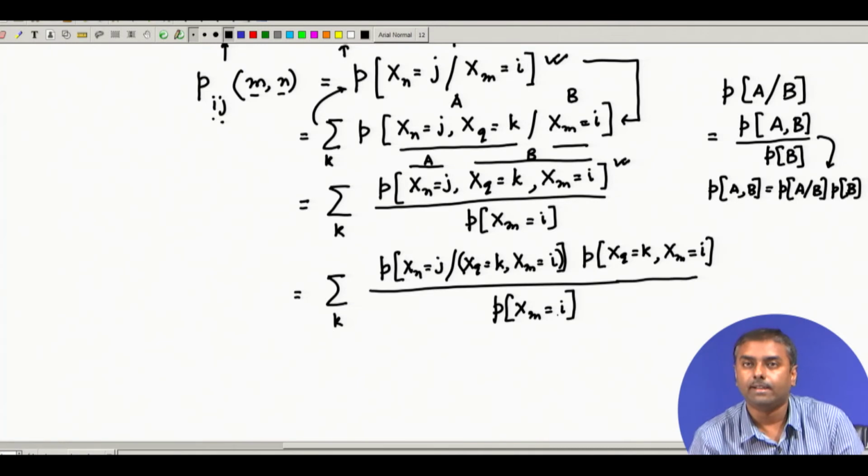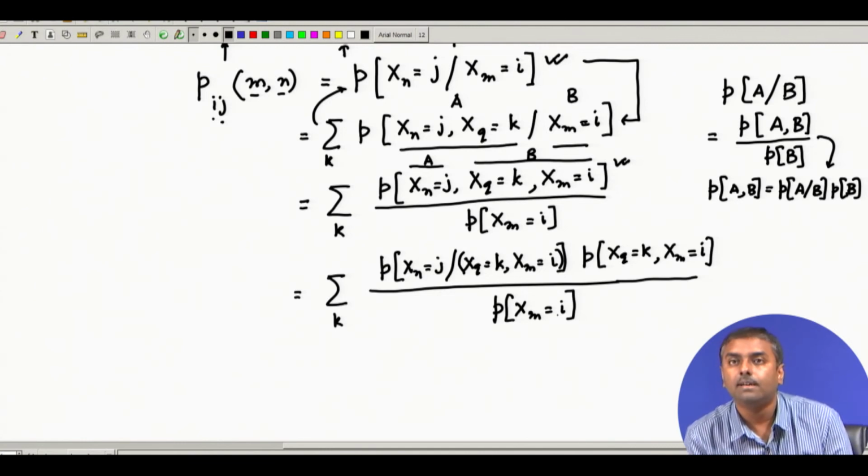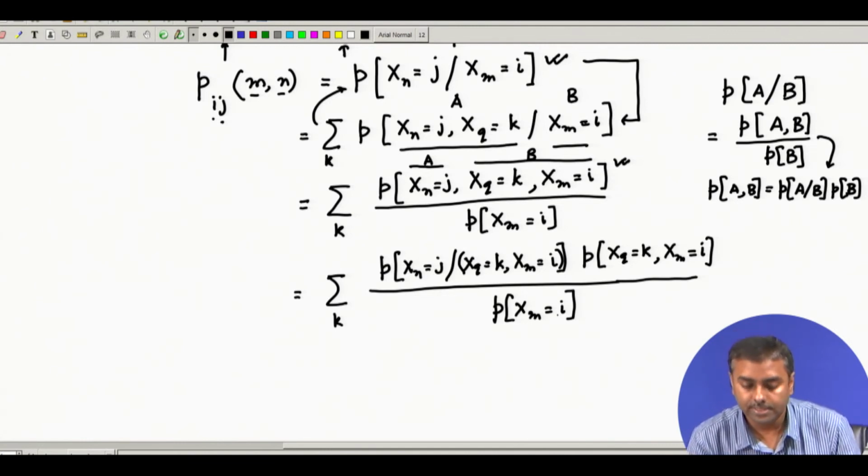You know what I have done? By doing this trick, I have introduced myself towards launching the Markovian property. Can you now see I have created a conditional event where I am trying to predict a future event?